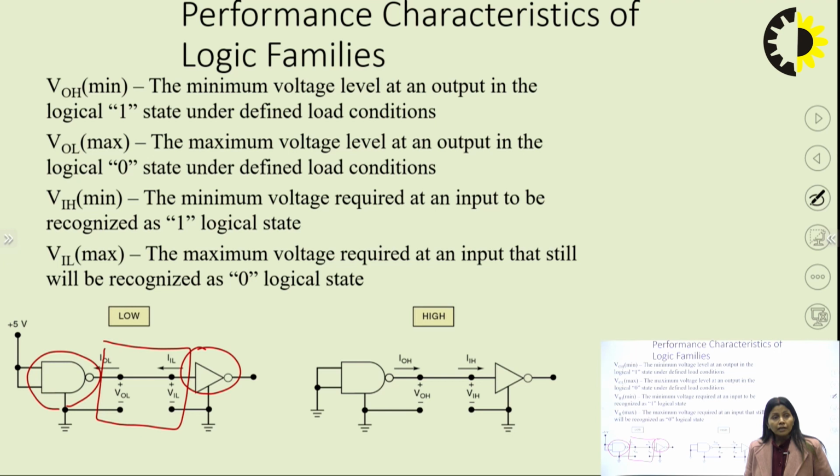Between two gates, the output can be 1, and there is another case when the output is 0, or low. In the figure we have shown two types of scenarios in which the high state output and input have been considered between the two gates.